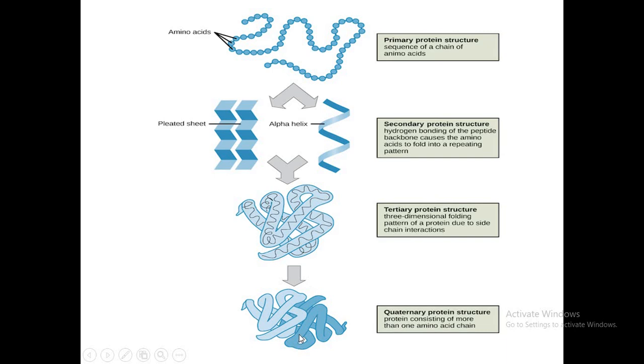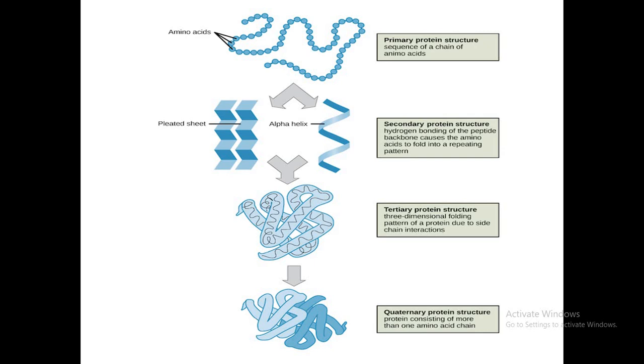And what is a quaternary structure of a protein? When two or more independent subunits of a protein join with each other via different non-covalent forces, they form a complex molecule of a protein that we call the quaternary structure of a protein, which has multiple subunits of protein molecules.